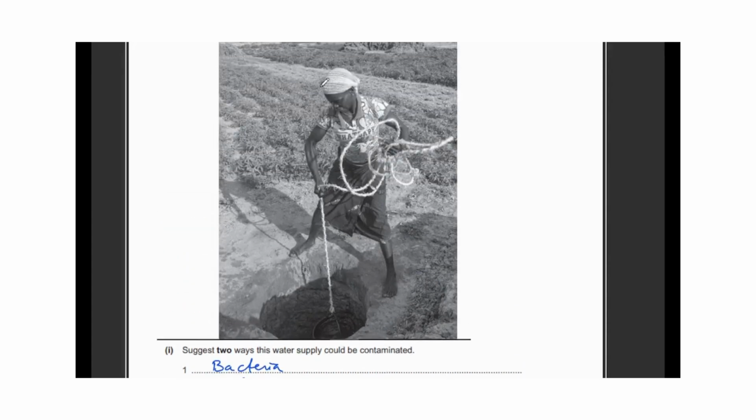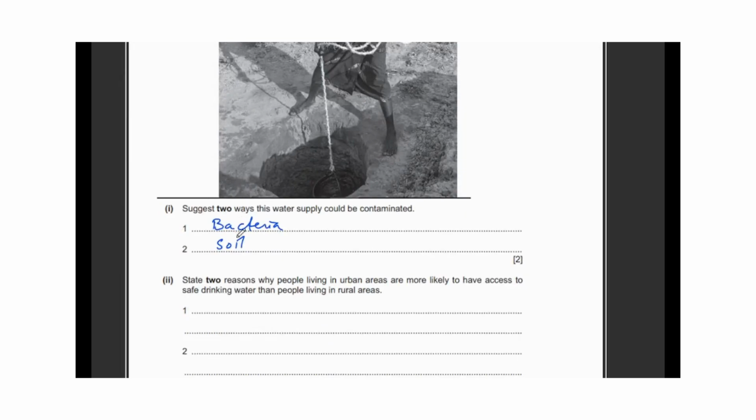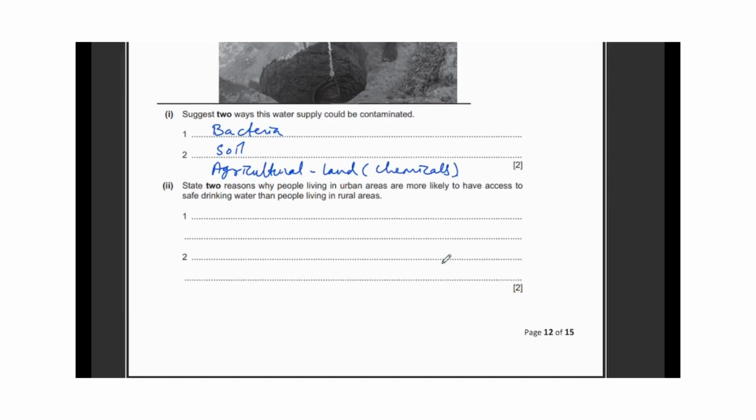As you can see behind this, there is an agricultural land. Okay, so we can mention bacteria, soil, or even agricultural land. We mention chemical. Okay, the chemical can sweep inside the water, infiltration, and then the water can get contaminated.